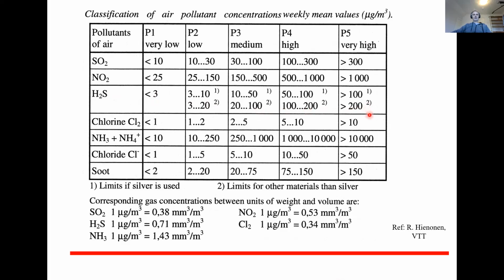So all of you who have even tried to eat boiled egg with a silver spoon know that the reaction is really rapid, and the smell which is coming from hydrogen sulfide, it's really ugly. So of course you can try it, but it's not very nice experience trying to eat a boiled egg with a silver spoon. So we know that silver is extremely reactive against this one. So that's the reason to have 2 values here.